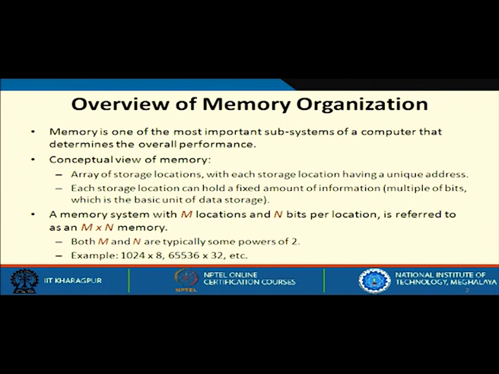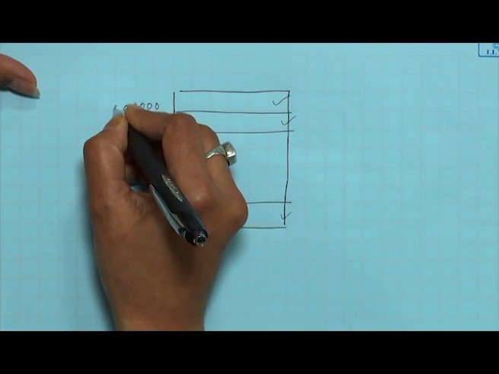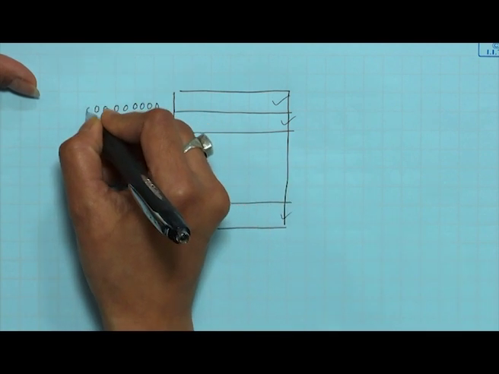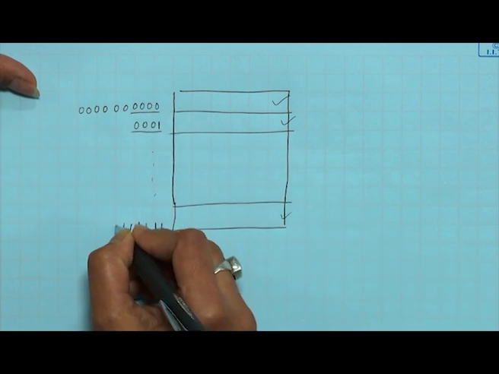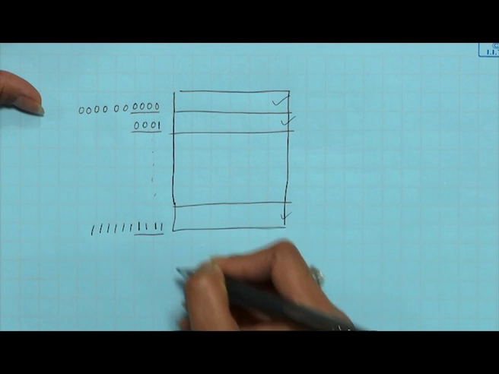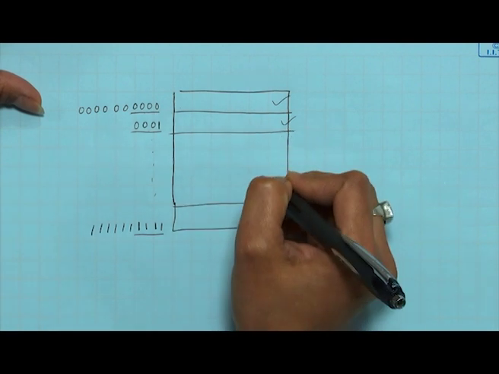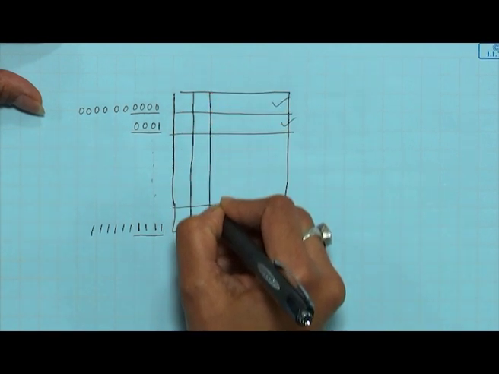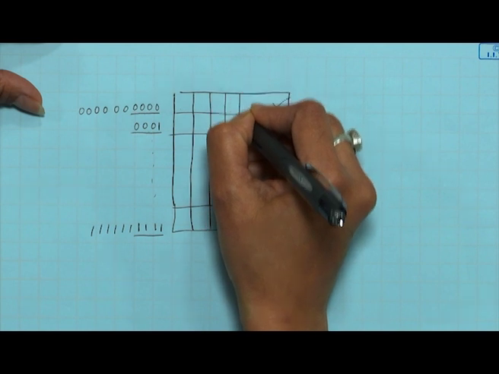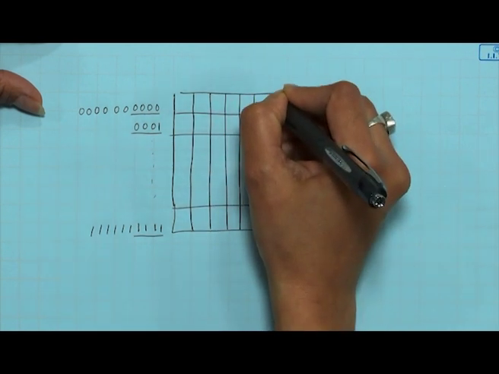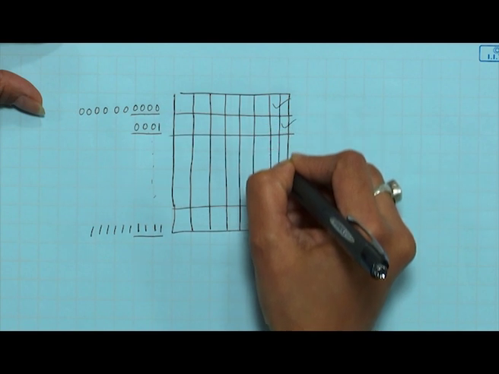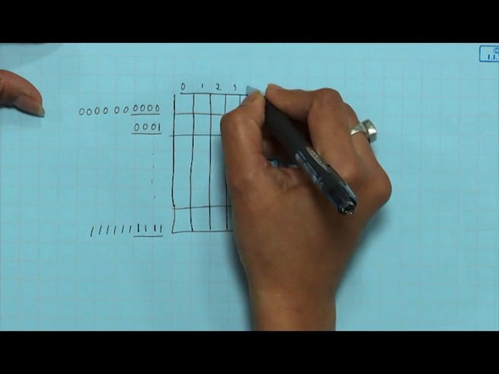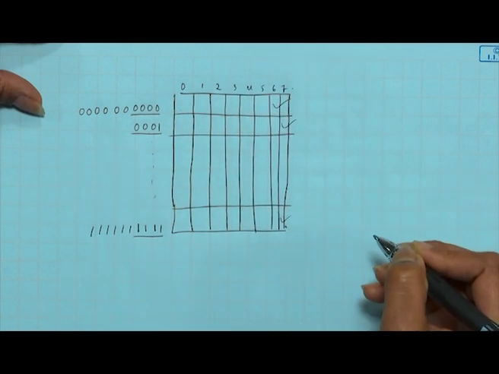If I say 1024 cross 8, 1024 means we have 10 bits in the address, and each of these locations has 8 bits: 0, 1, 2, 3, 4, 5, 6 and 7, 8 bits.